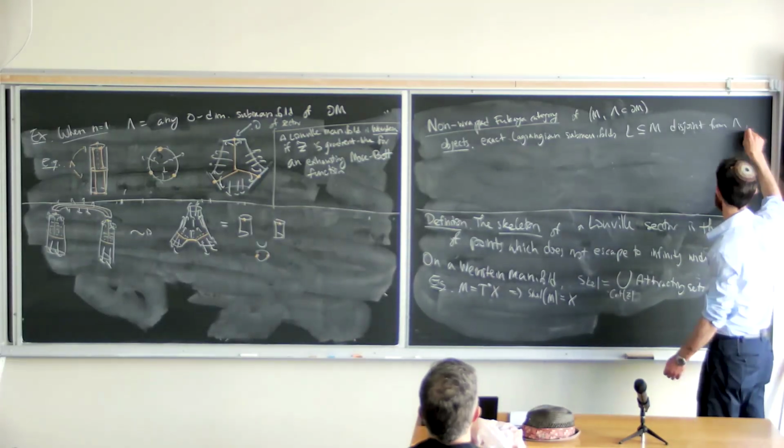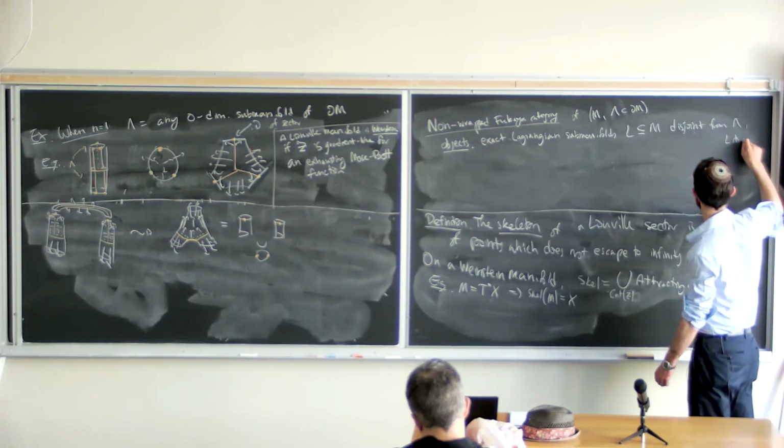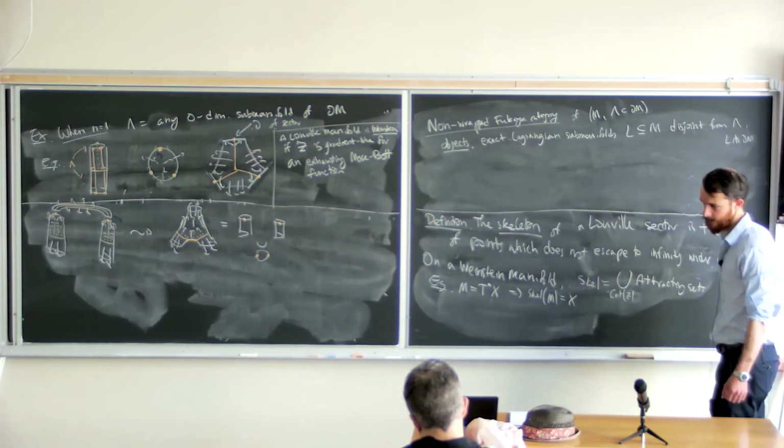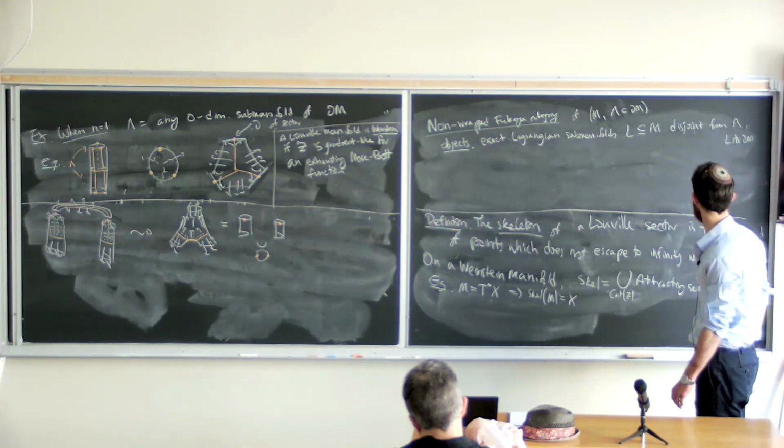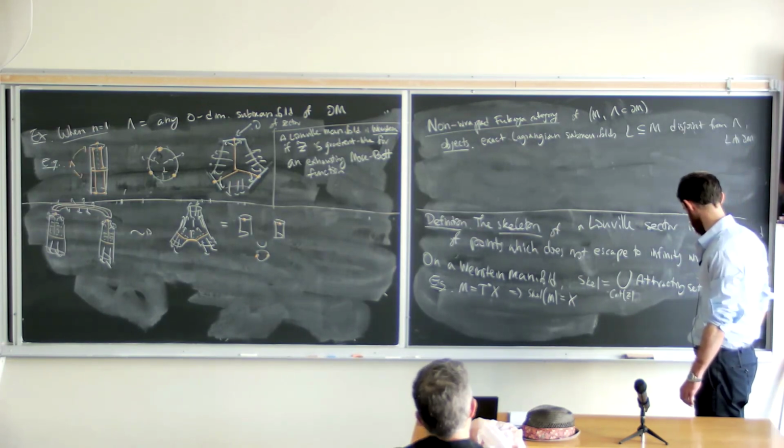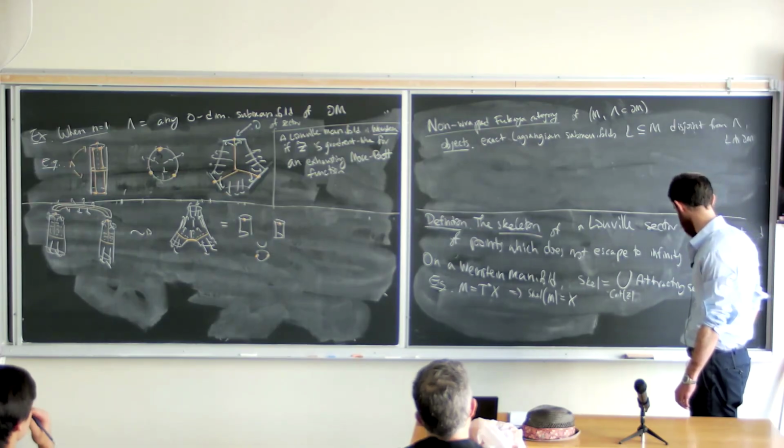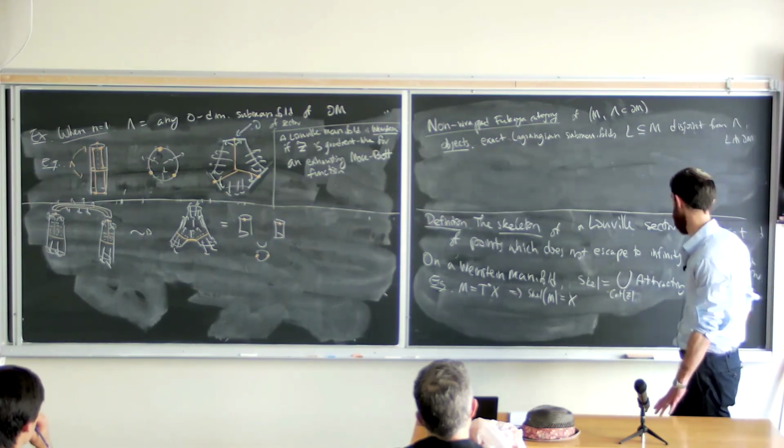And I should want L to be transverse to the boundary if it intersects the boundary as well. Or maybe, is that what I want? Transverse. I mean, yeah, I don't want L doing anything bad at the boundary, so to speak.